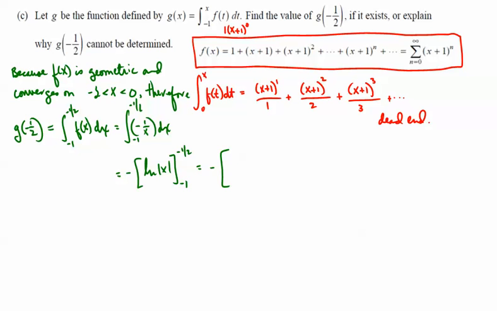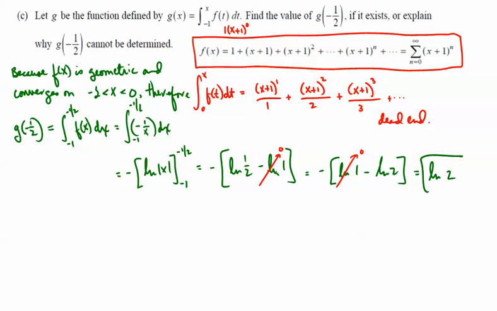That gives ln of 1/2 minus ln of 1, ln of 1 being 0. With the negative, negative ln of 1/2 would be ln of 1 minus ln of 2, and again ln of 1 is 0, and we end up with positive natural log of 2 for our answer there.